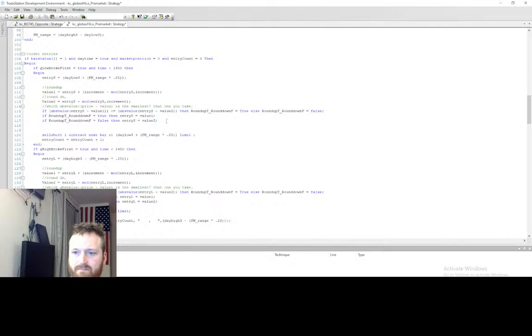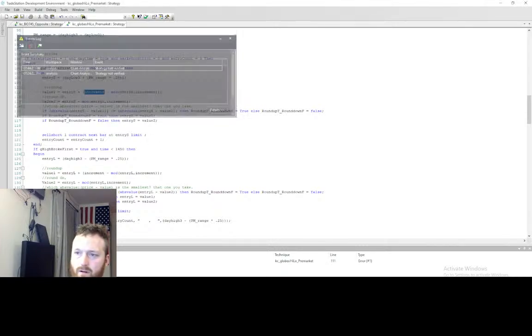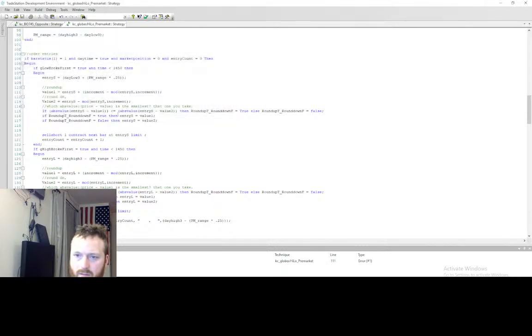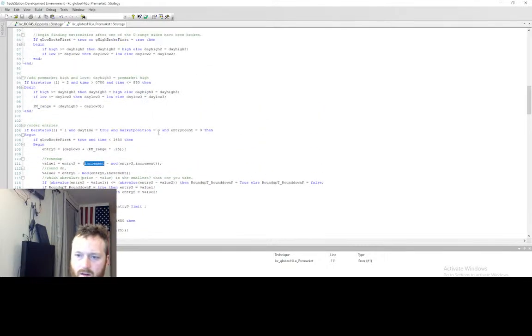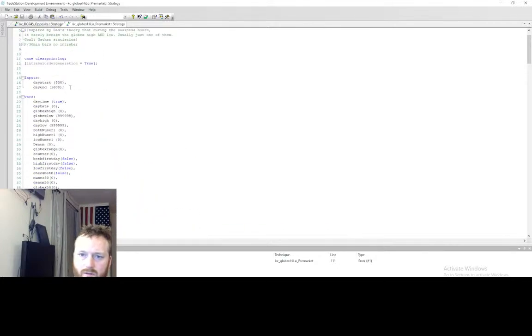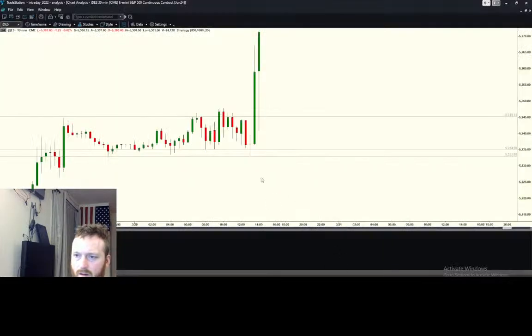And that's what it is. Now, let's see if it works. Increment. What is increment? Oh, increment needs to be some type of increment of the symbol, which is obviously going to be 0.25. Yep. And now let's take a look. This should work now.